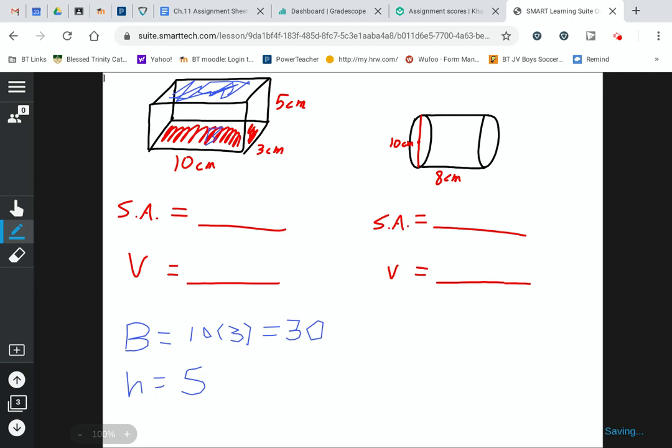So to find surface area, guys, if you remember, my formula is 2B plus PH.